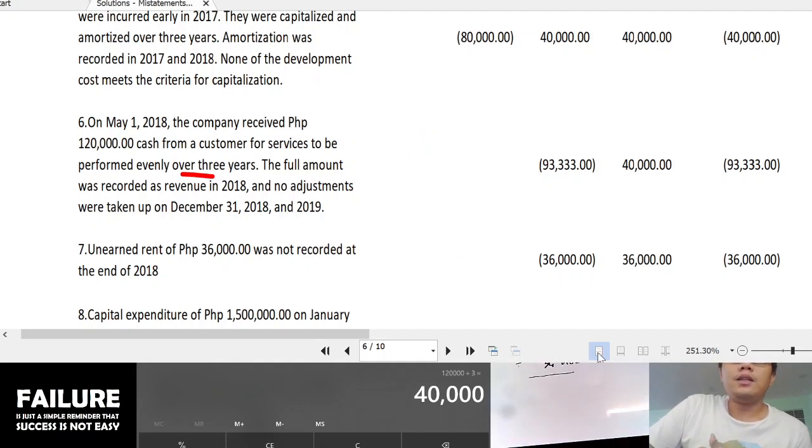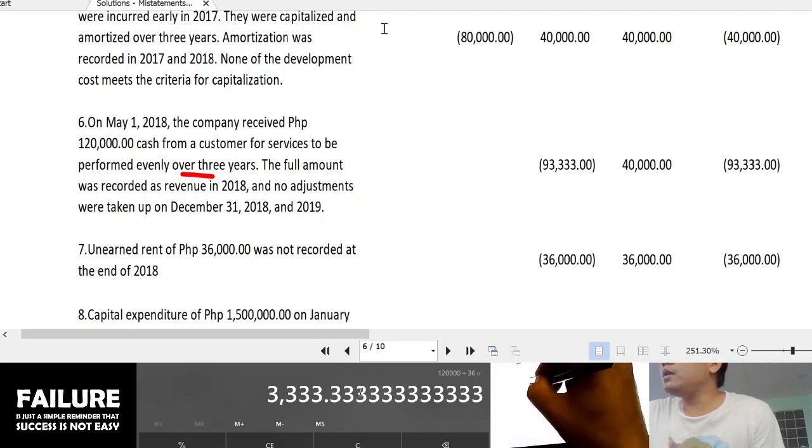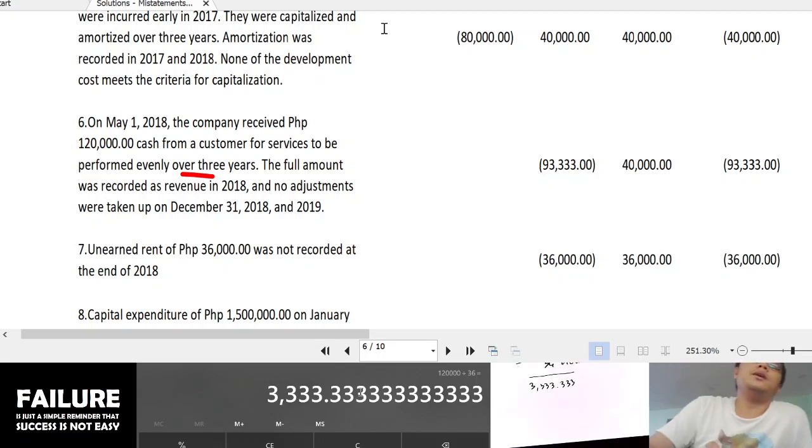So, sana, ang ginawa ng company is that to recognize, if we do it monthly, is that 120,000 divided by 36. So, ang monthly income sana nito is 3,333.333. Diba?